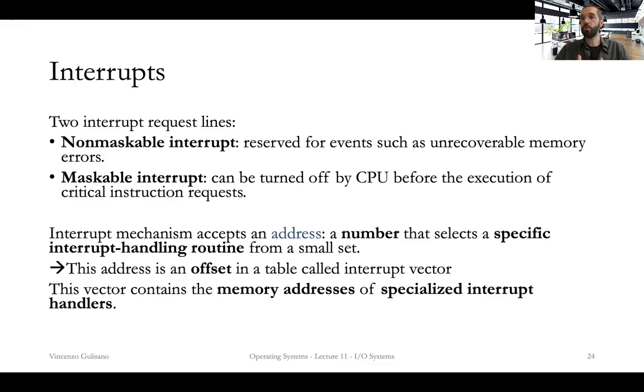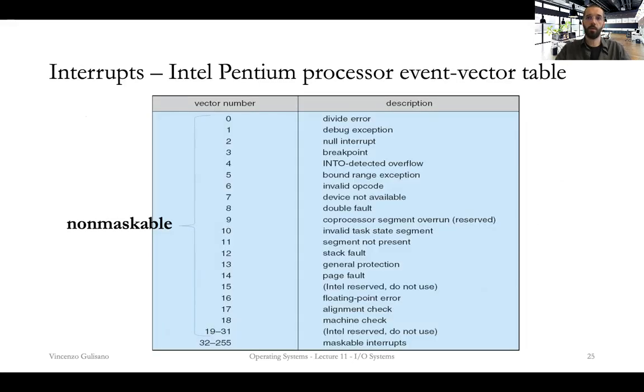This is what I said before. So each interrupt actually carries an address, or more an offset that refers to a table of addresses, which can be translated into the memory address that contains the desired routine to handle and clear the interrupt. Okay, so this is just an example for an old processor.